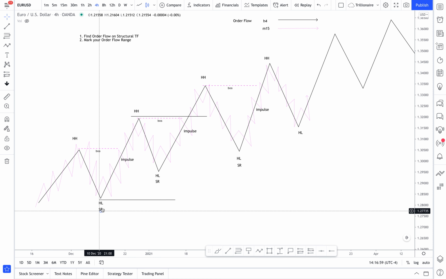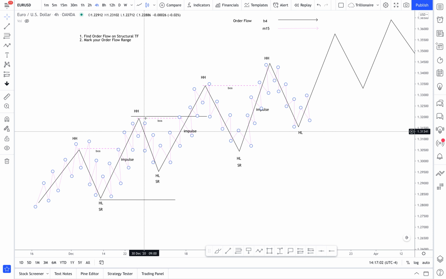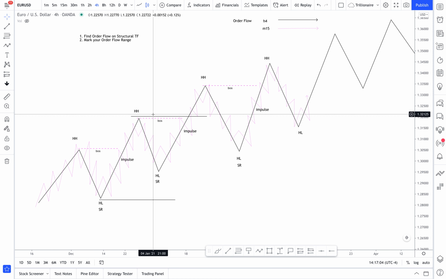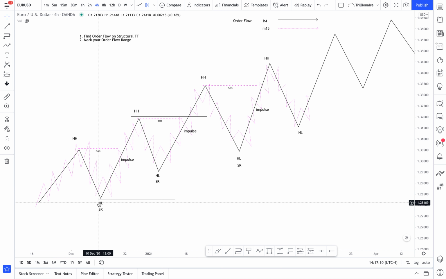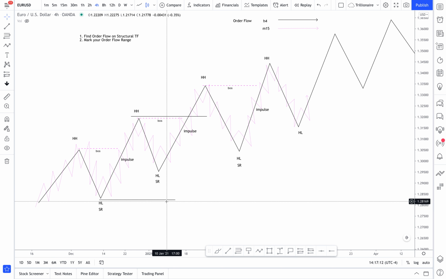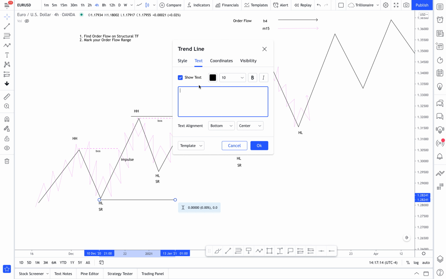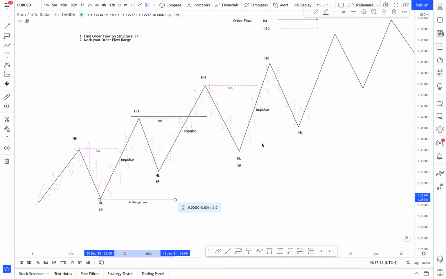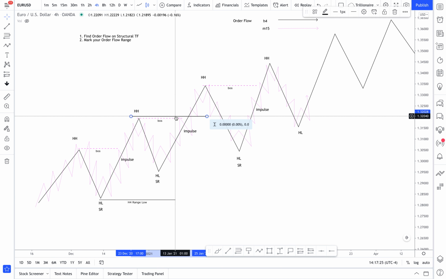Your higher low is going to be your low of the range, and the higher high is going to be the high of the range. Mark that range up. Put a high, put a low, and make sure you denote it. If you need to, type on the trend line: H4 range low, H4 range high.